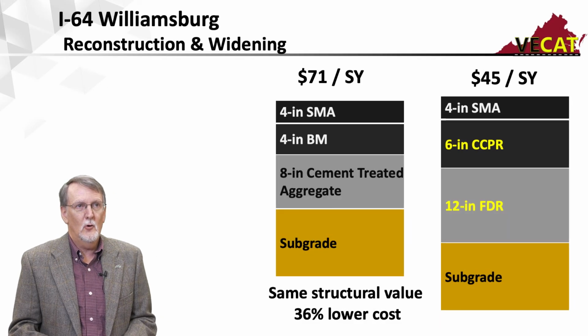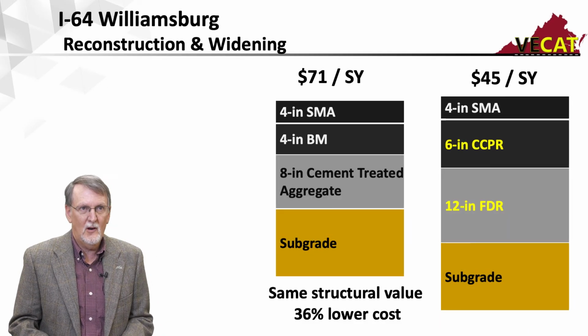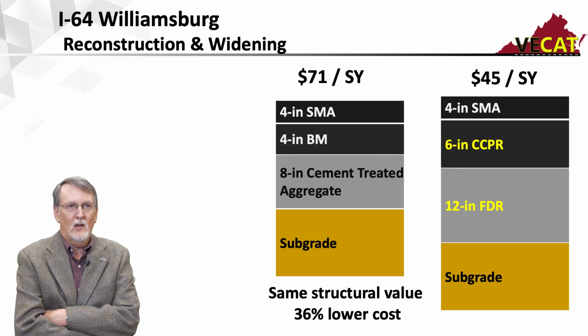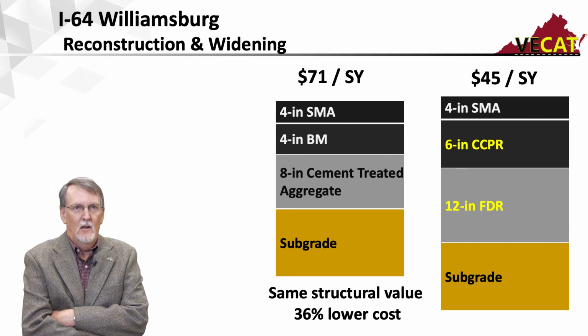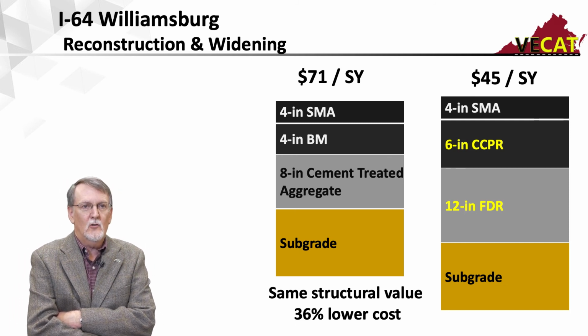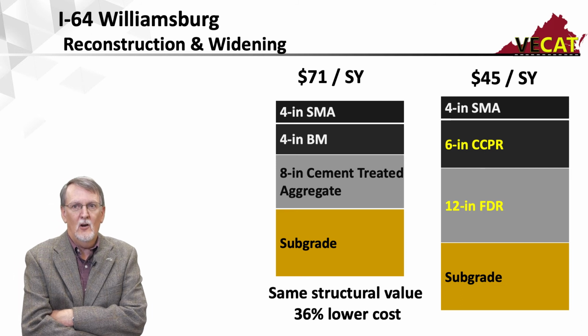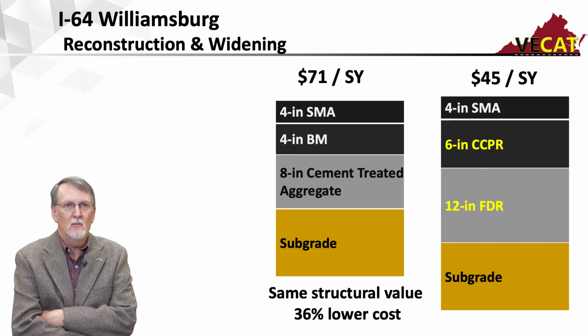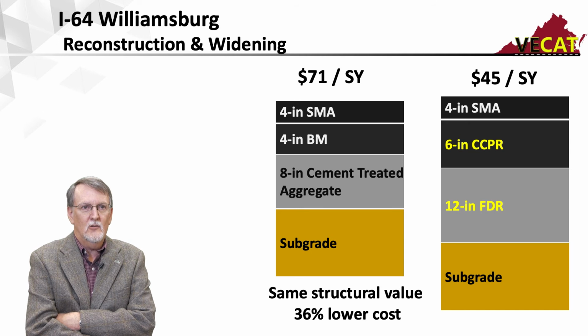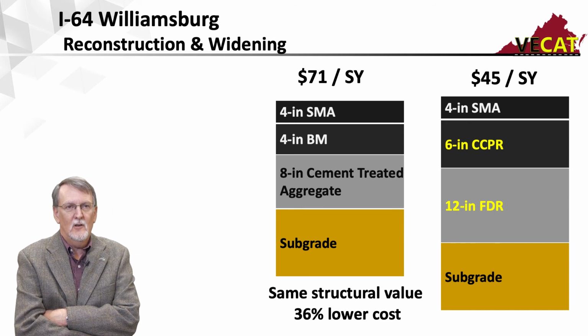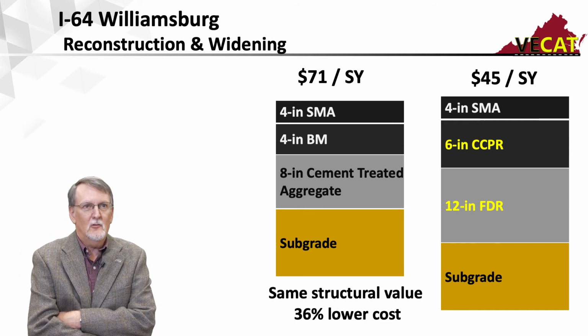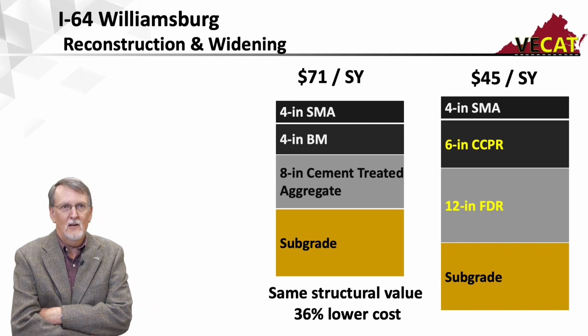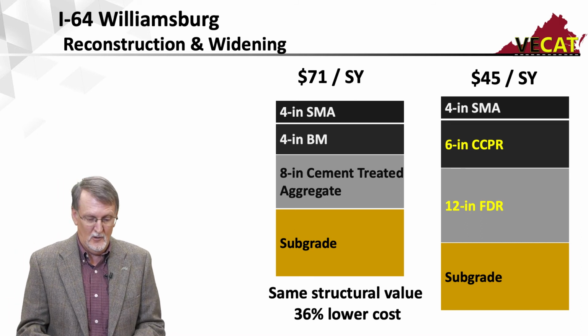And then I-64 Williamsburg, this was a project where we were going to do some reconstruction and widening of some lanes. The I-81 worked so well that VTRC gave them an alternative proposal. The original design was 8 inches of cement-treated aggregate, 4 inches of asphalt, and 4 inches of SMA at an estimated cost of $71 a square yard.